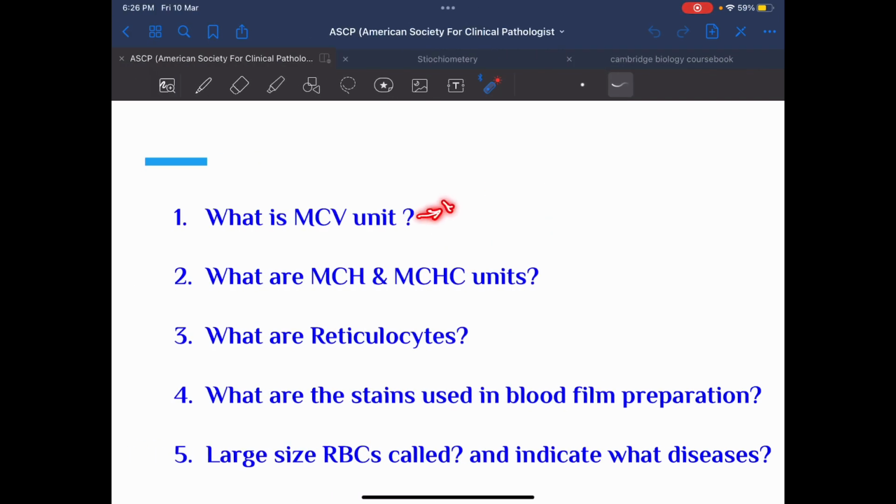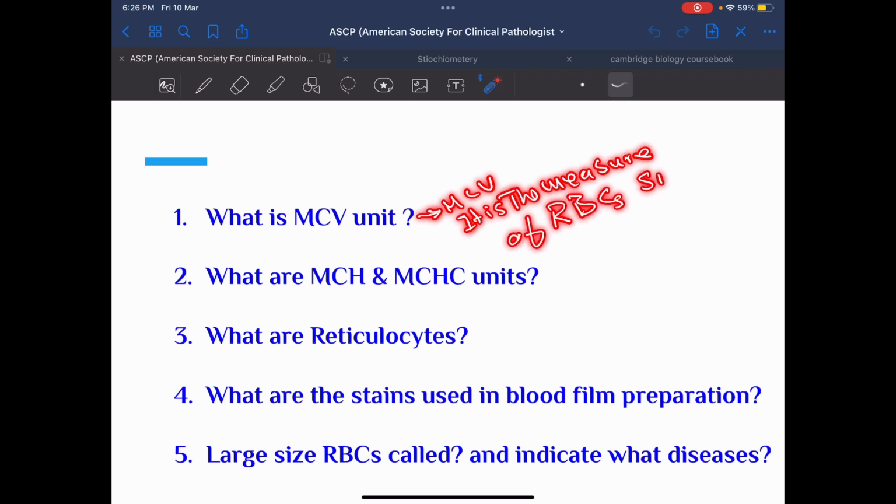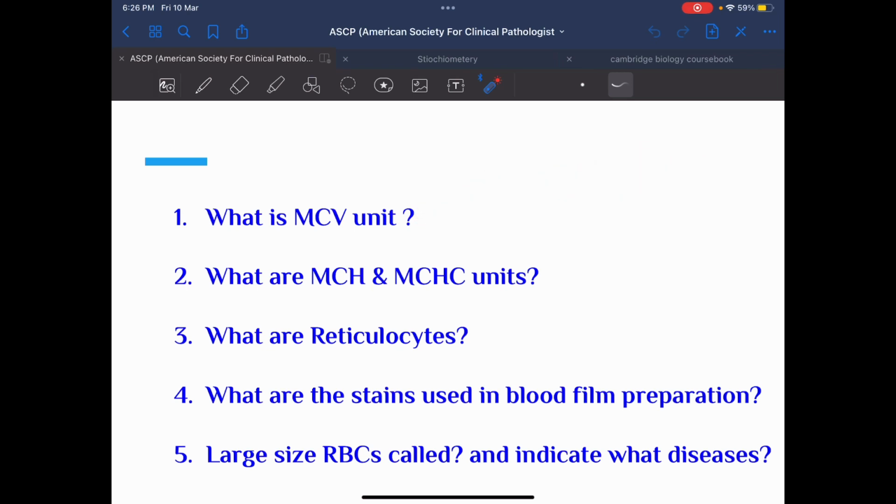So MCV is the measure of RBCs size. The unit of MCV is femtoliter, abbreviated FL.